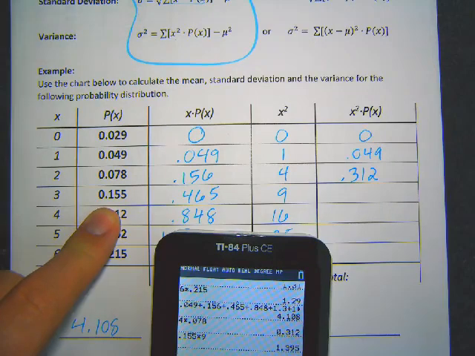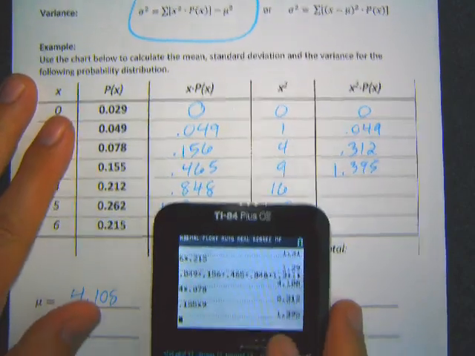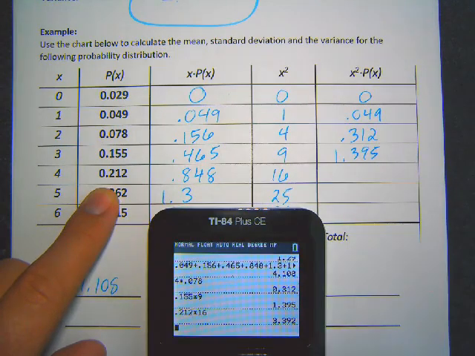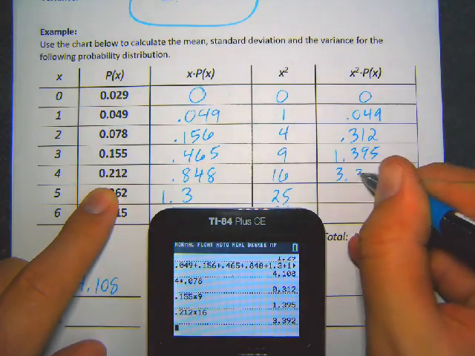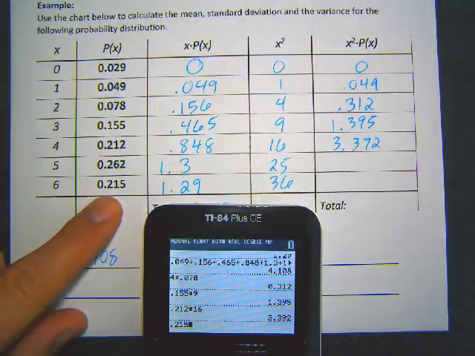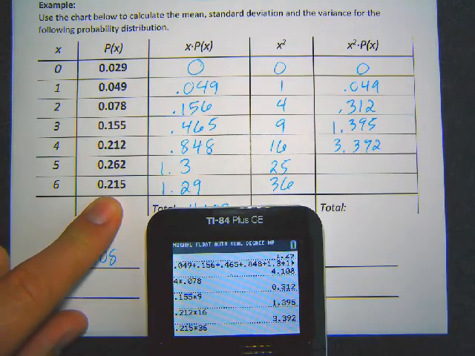So I get 1.395. I have 0.212 times 16. This gives me 3.392. And I have 0.215 times 36.